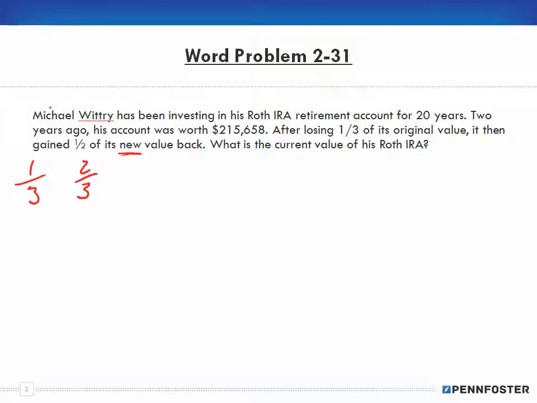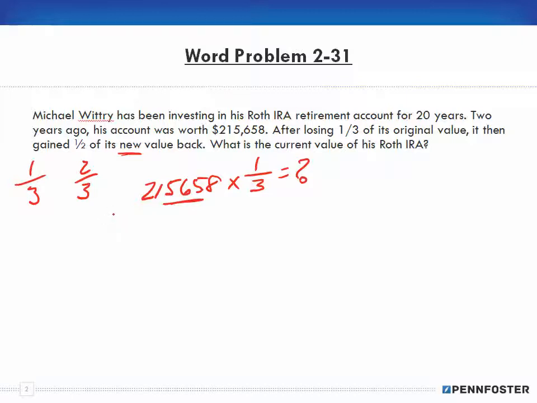So if he has $215,658 and, after losing 1/3 of its original value, I can figure out how much losing 1/3 is, and then whatever I get for that answer, I'll subtract it from the 215,658, which will give me the amount that's remaining.